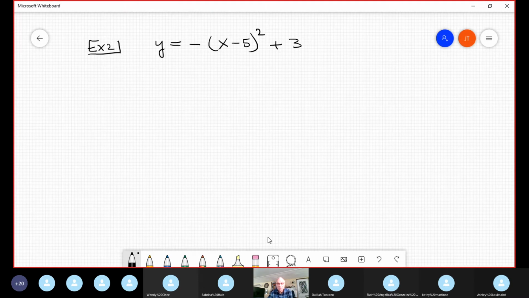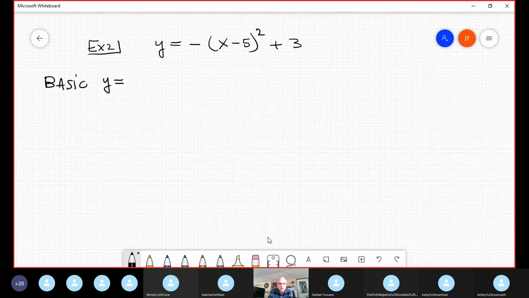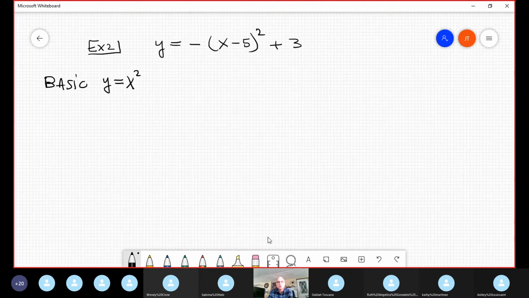When doing the transformation, try to do step by step the graph of this new function. But my question is, what basic function does this belong to, what family? Well, I suppose it is the function x squared, because I see a square here, right? No square root, no cubic, no. Okay. This is a family. So we start from the basic parabola.